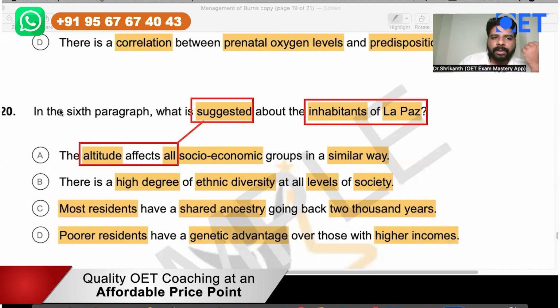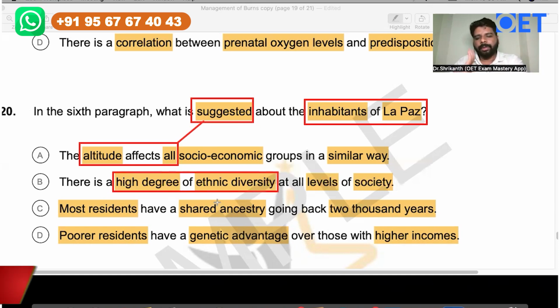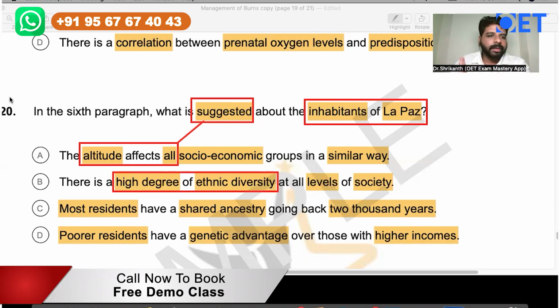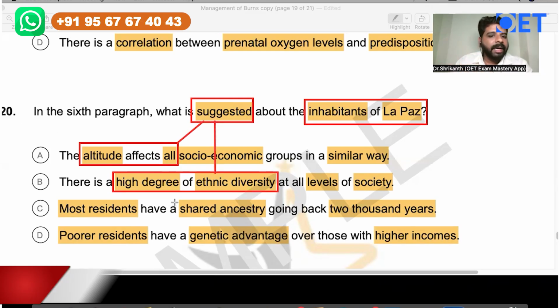What is the verb in answer option B? There is a high degree of ethnic diversity. So this we can say is the focal point: there is a high degree of ethnic diversity in all levels of society. Now let's come to answer option C. Most residents have a shared ancestry.